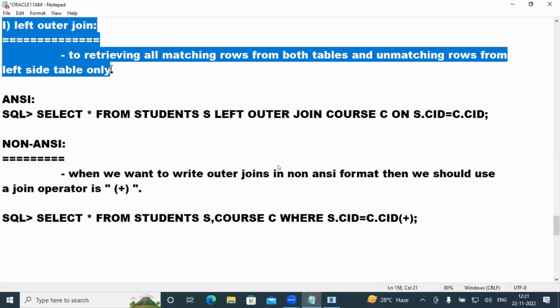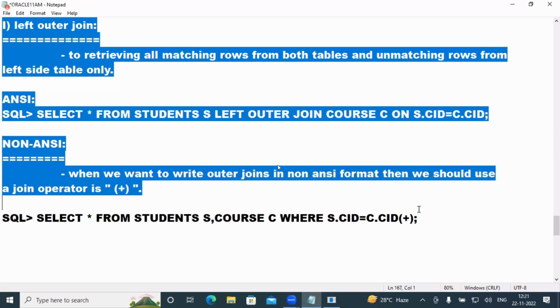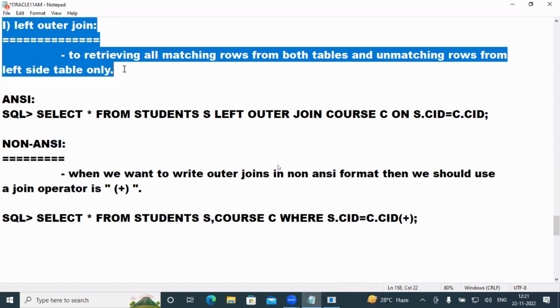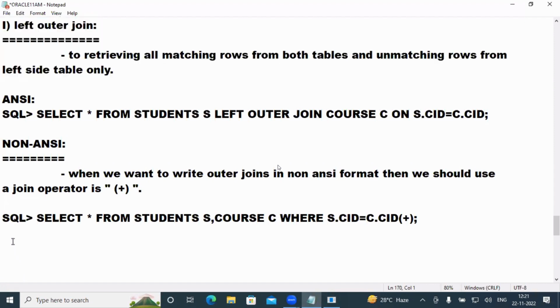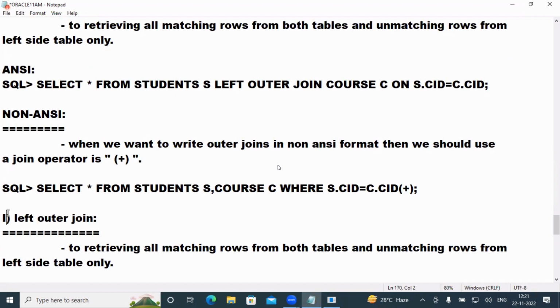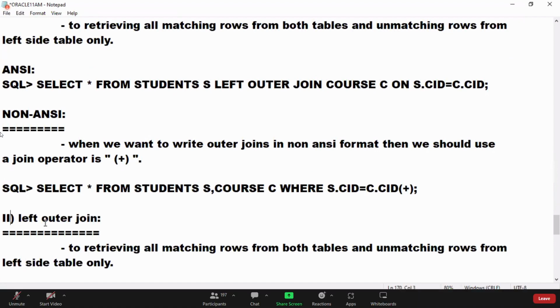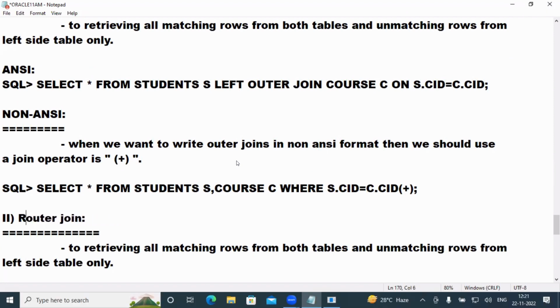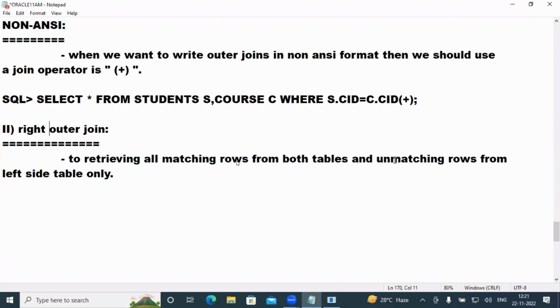Same way, I'm using it for right outer join also. Come to right outer join. In right outer join, how it works, observe. Retrieving all matching rows from both tables and unmatching rows from the right side table only.